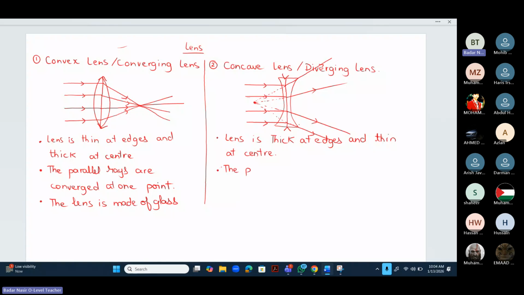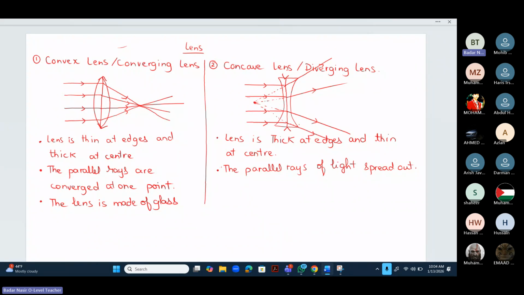The parallel rays of light spread out. And when you extend those rays backward, they will meet on the left of the focal point.